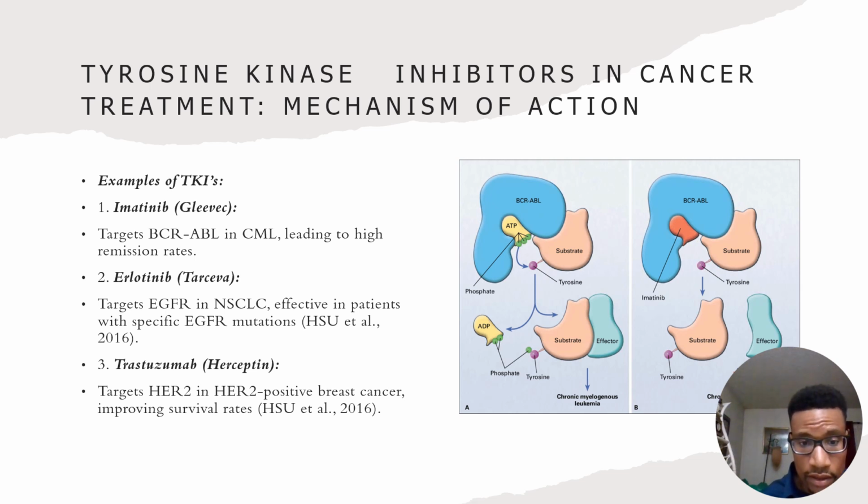We have the Tarceva, which targets EGFR in NSCLC, which is effective in patients with specific EGFR mutations. Then we have the Herceptin. This targets HER2 in HER2 positive breast cancer, improving survival rates.